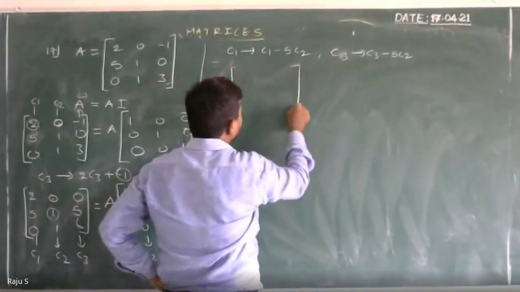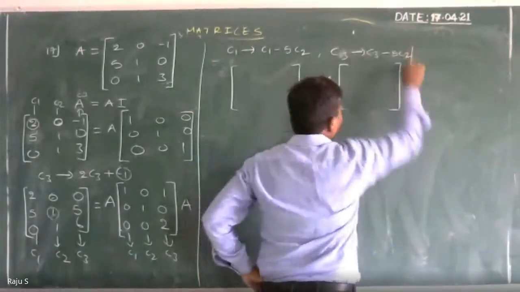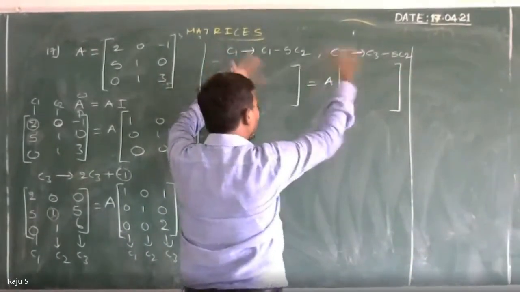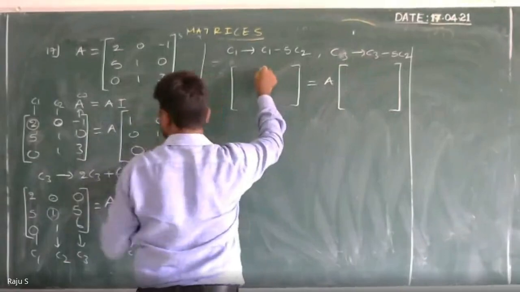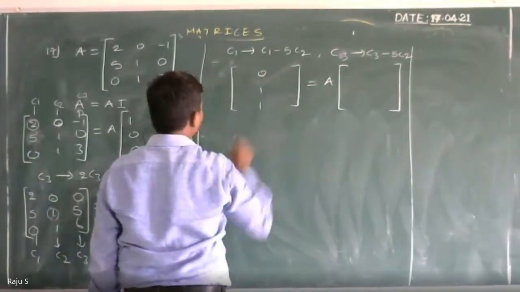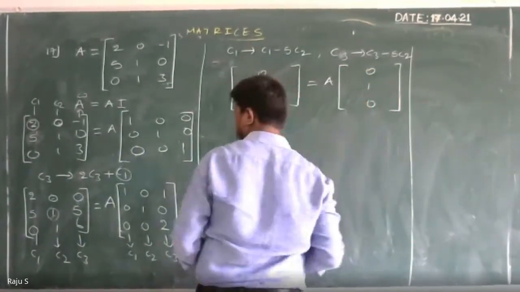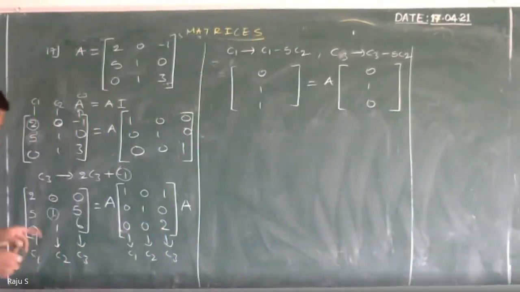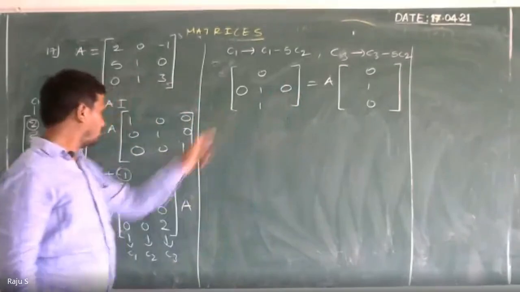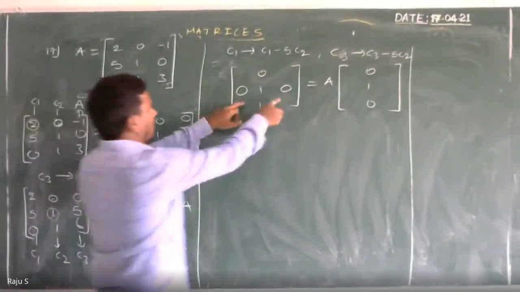Now the given matrix becomes A into what remains same. I'm applying the transformation on C1, C3. C1, C3 will be changed. C2 as it is, right? C2 is here. 0, 1, 0, 1, 1. Here 0, 1, 0. Okay. Now, immediately you should write these two values are 0. To make these two values 0 only, we apply the transformation, just to find four values alone.